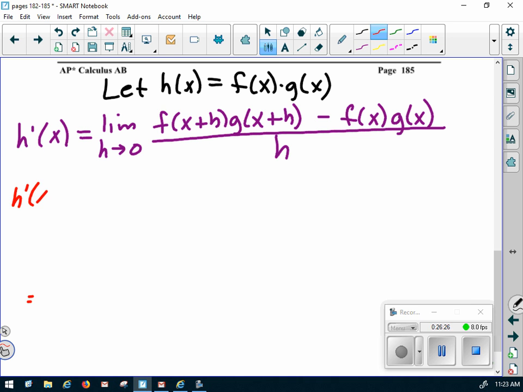h prime of x equals the limit as h approaches 0 of f of x plus h, g of x plus h. I got to think how I want to add my 0. I got to remember. Minus f of x.